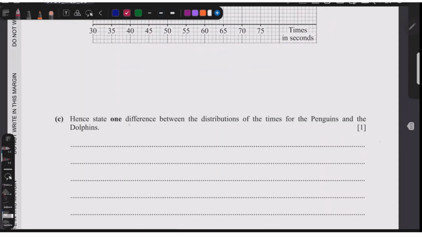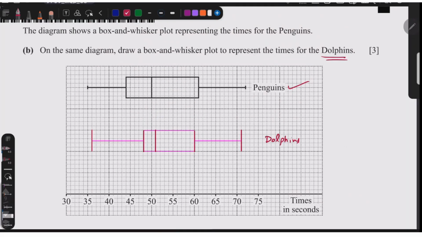And state one difference between the distribution of the time for these two clubs. When you make the comparison between the two sets of information, you can see the average of both data: average for penguins is 50 seconds and average for dolphins is 51 seconds. So the members who can finish the race quickly will be the winner.